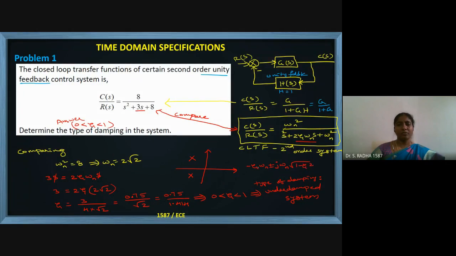You can see a negative real part is there, minus eta omega n. That's why we have to point them on the left side only. These are additional information, not part of the solution.